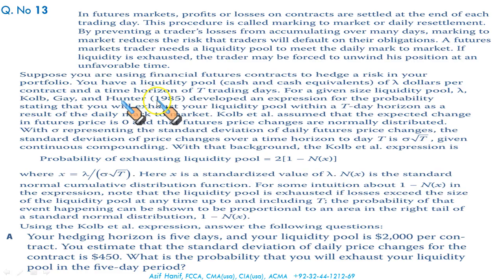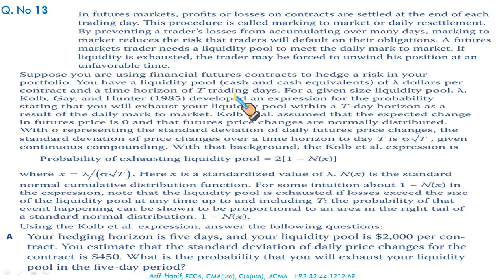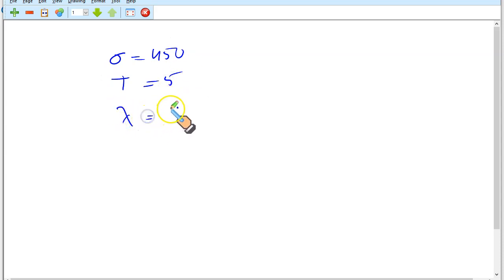What have we been given? We may need something else to write because the system is not allowing us to write here. So using the numbers from the given information, our standard deviation is 450, time horizon is 5, and lambda is $2,000.